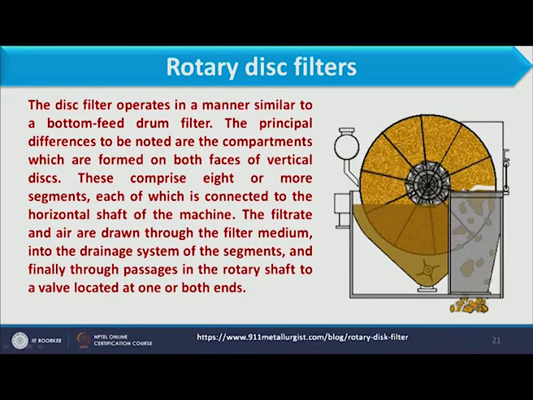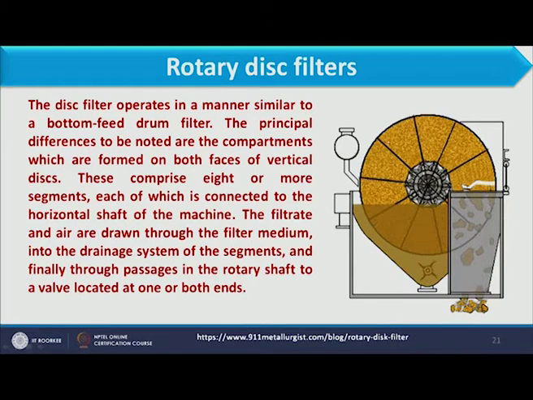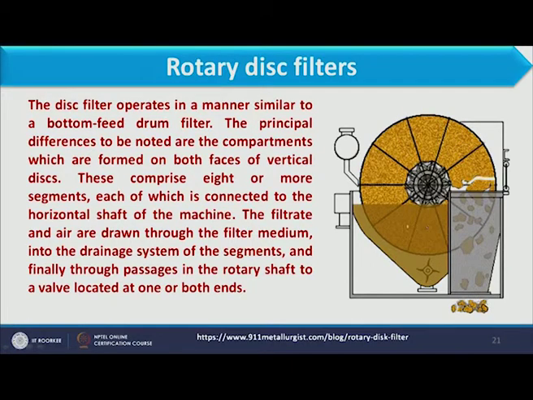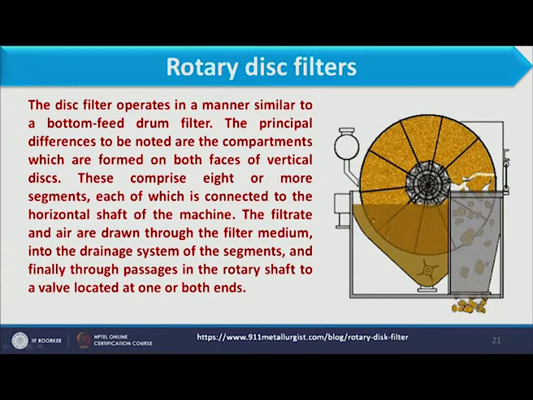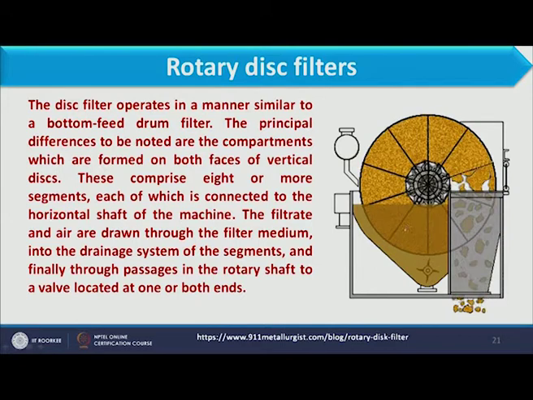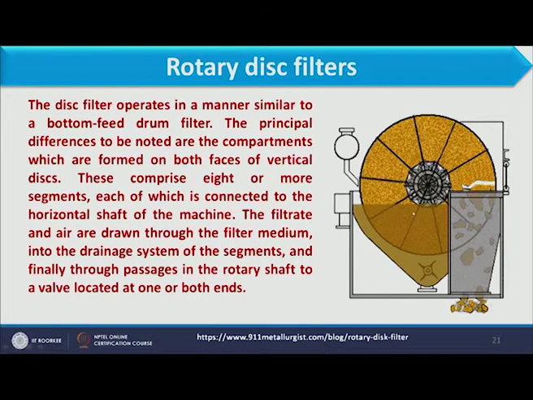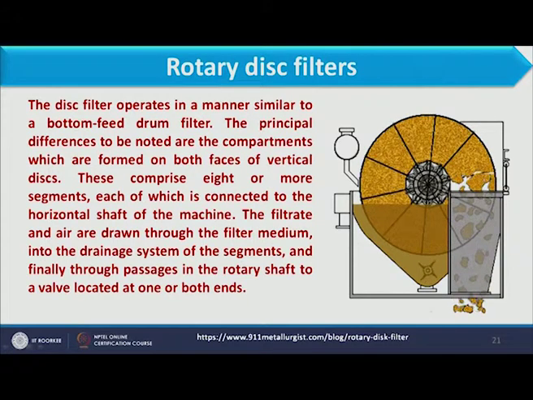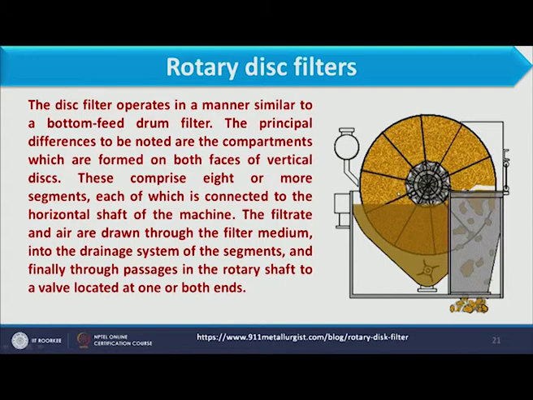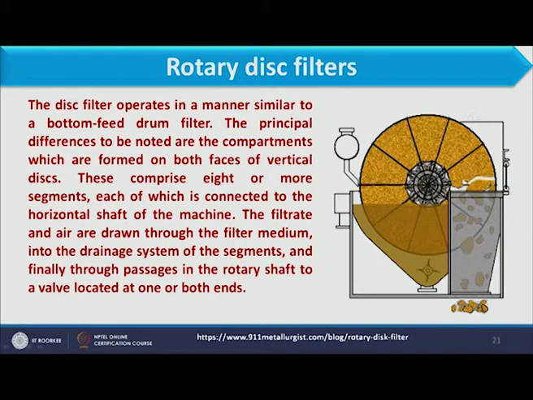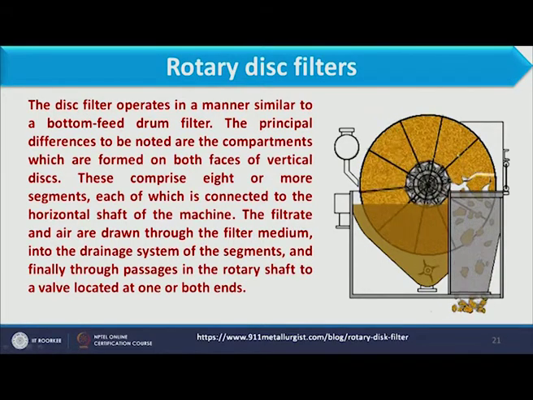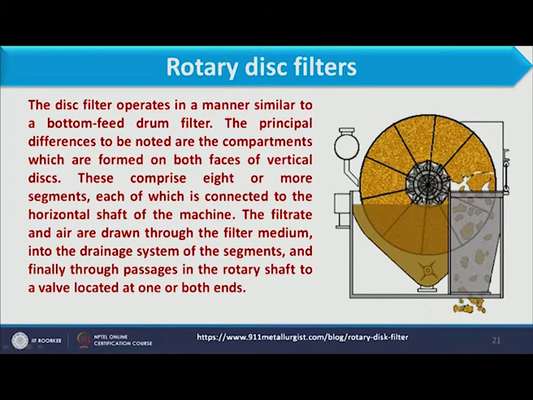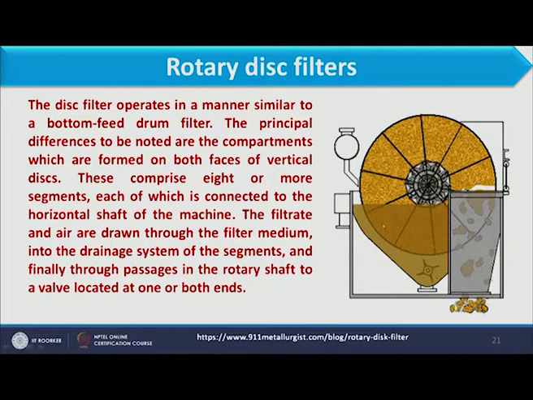This disc has different sections, and each section sucks water. Some surface of the rotary disc is submerged into the slurry, it sucks filtrate, and cake formation occurs. The other side of this disc also contains filter media, so cake is deposited on both sides of the disc.